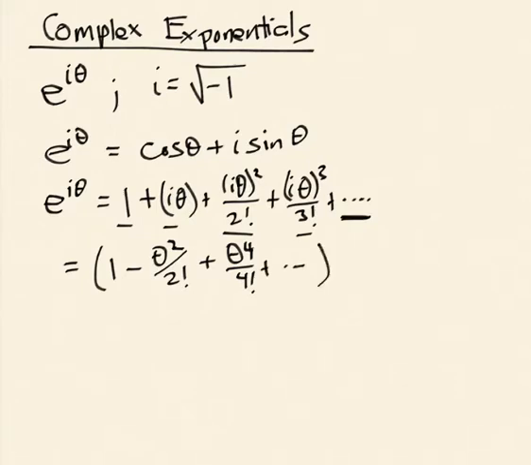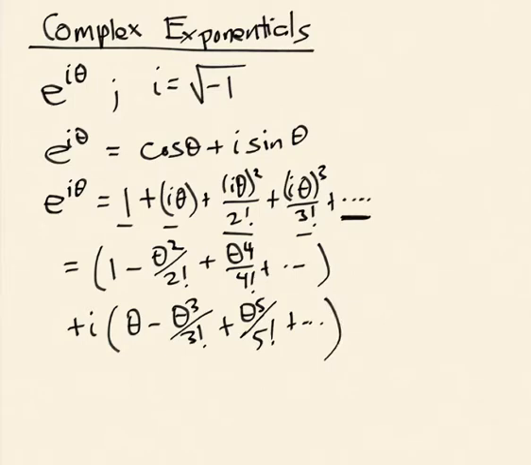Okay, and now I can look at the imaginary part. So I'll have a plus i times, I'll have theta, and then I'll have minus theta cubed over 3 factorial, and it turns out I'll have plus theta to the 5th over 5 factorial, and so forth and so on.